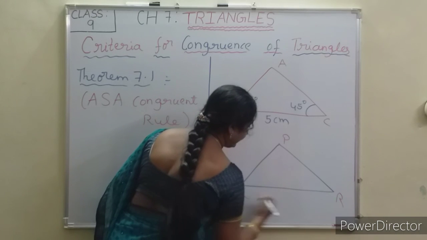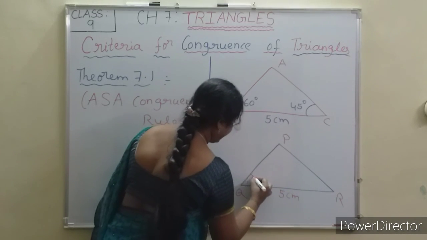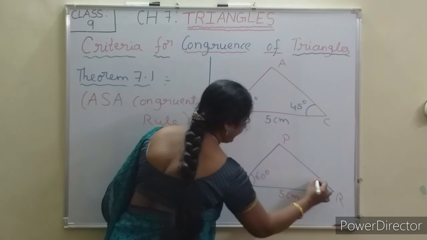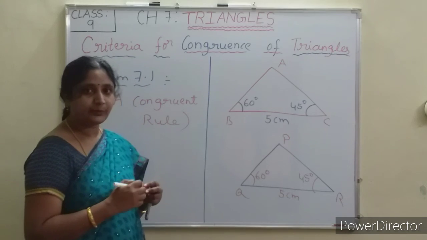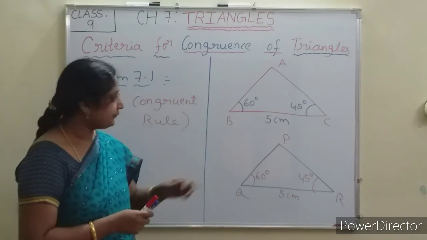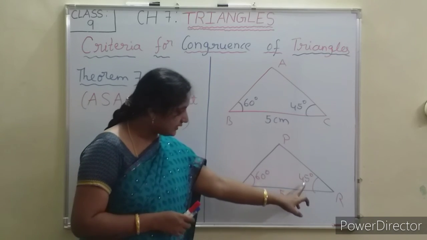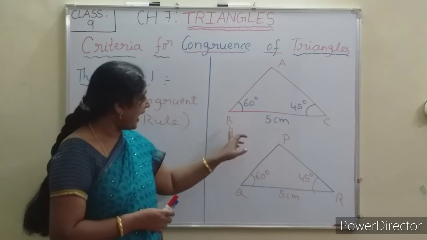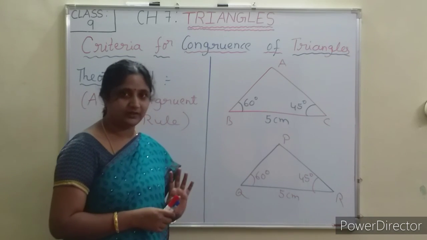The length of QR is 5 centimeters, this angle is 60 degrees, and this angle is 45 degrees. That means, see, these two corresponding angles are equal, and corresponding sides BC and QR, these two are also equal.